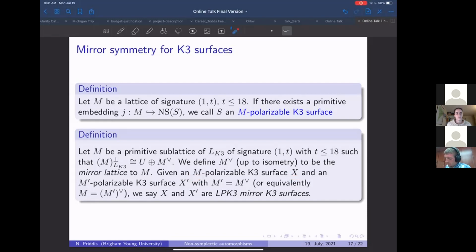You take the lattice that you were using to polarize your first K3 surface, take its orthogonal complement in the K3 lattice, and if you're lucky, you can write it as a copy of U, the same U that I talked about in the very first, plus something else. This something else is called the mirror lattice to M. So if you take X to be M-polarizable and X prime to be polarized by the mirror lattice, then we say that X and X prime are a mirror pair.